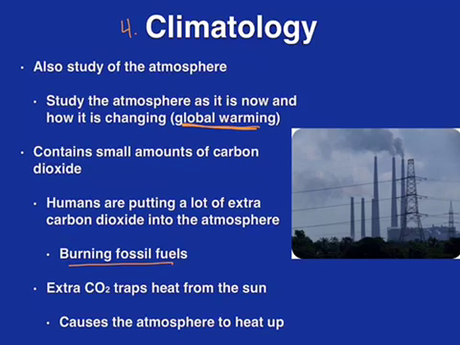Fossil fuels would be like gasoline, natural gas, oil, just as a couple examples. That extra carbon dioxide traps heat from the sun, which in turn causes the atmosphere to heat up. And we'll spend quite a bit of time talking about this throughout this course.